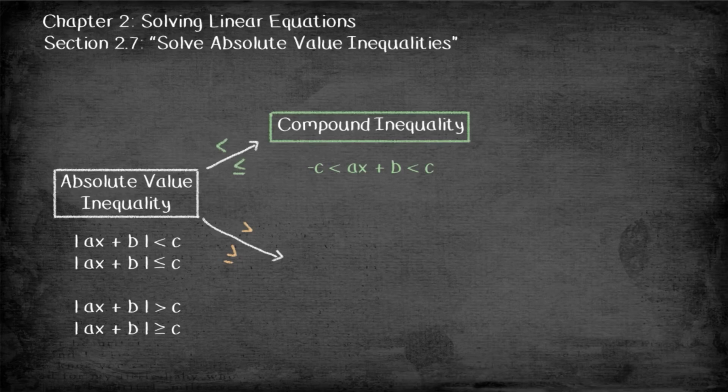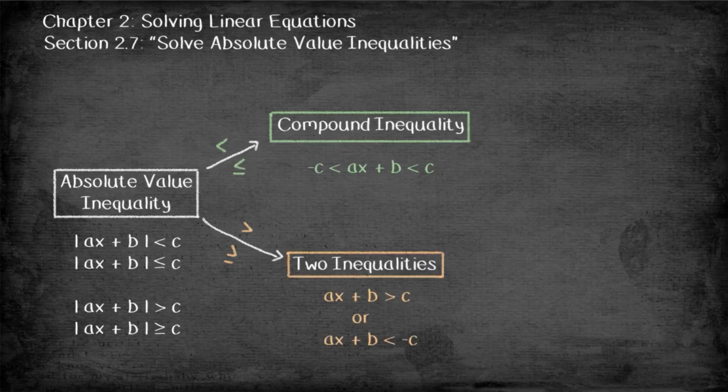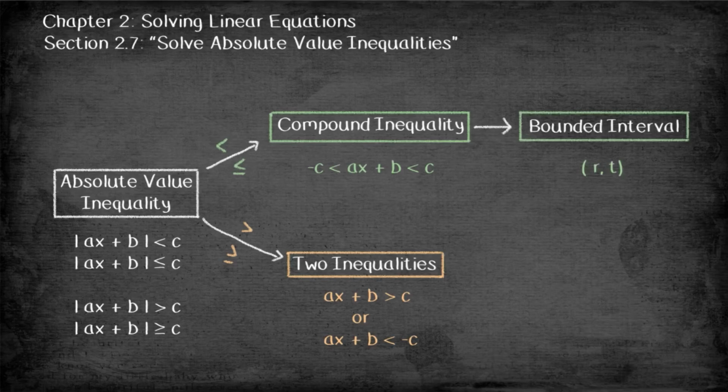If you're talking about greater than or greater than or equal to, you get two different inequalities. Note that the signs get switched. So you do the solving, you come up with an interval, something that is bounded. Of course, the picture will look different depending on whether or not you are using less than or less than or equal to.